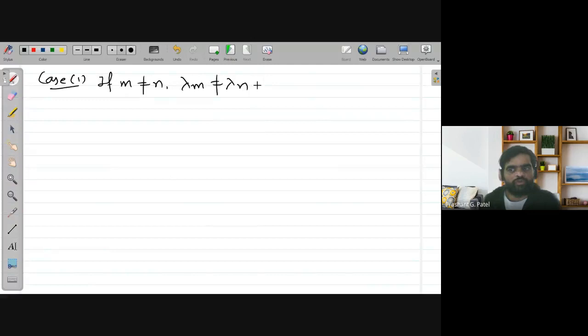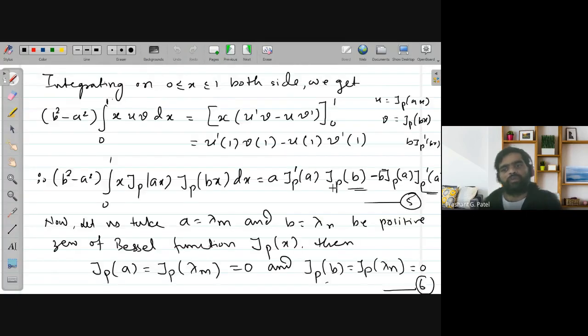That means these two things are not same, or I can say a is not equal to b, whatever you want. Then from equation number 5, that is this equation, what we can get from that equation?